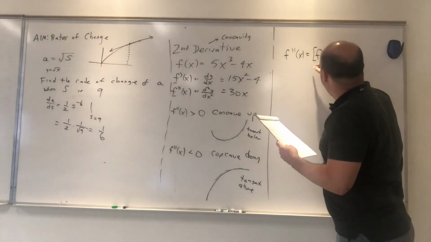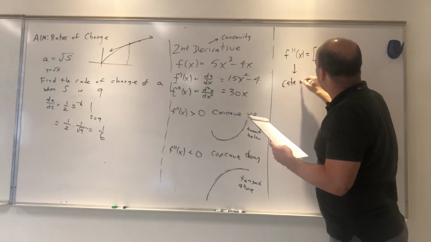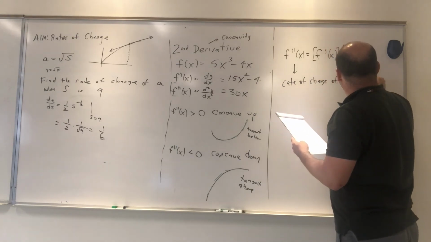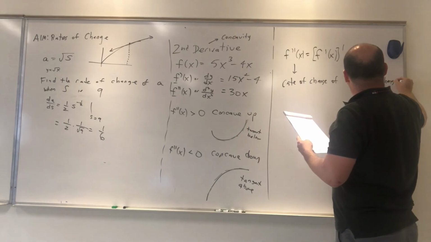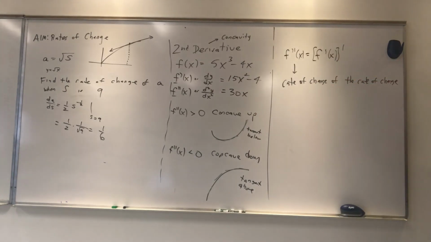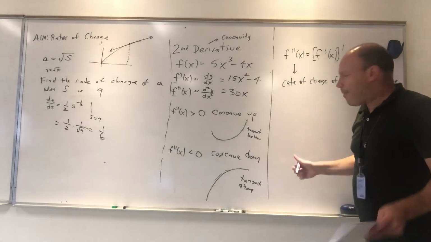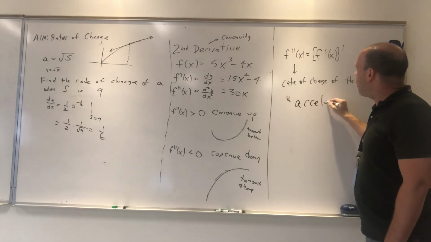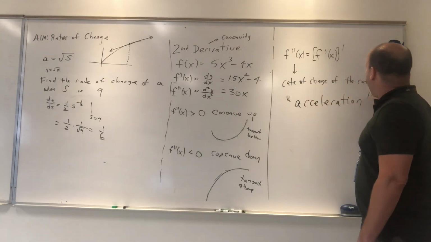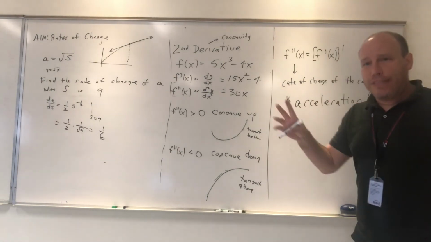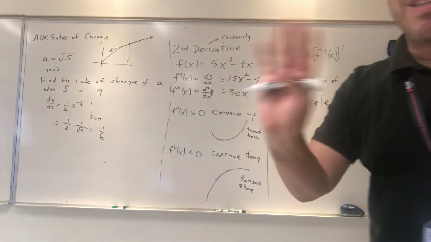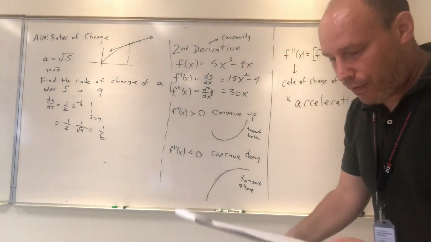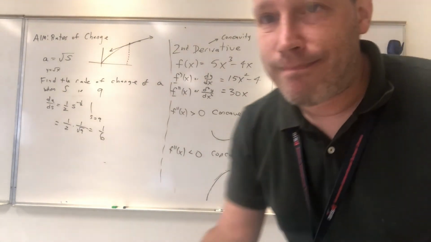So this actually is the rate of change of the rate of change. And you know that as, anybody know it? Starts with an A. Acceleration. Acceleration is the second derivative of distance. Velocity is the first. We'll talk about this in a later unit. Velocity is the first derivative. Acceleration is the second derivative. That's it. 16D.